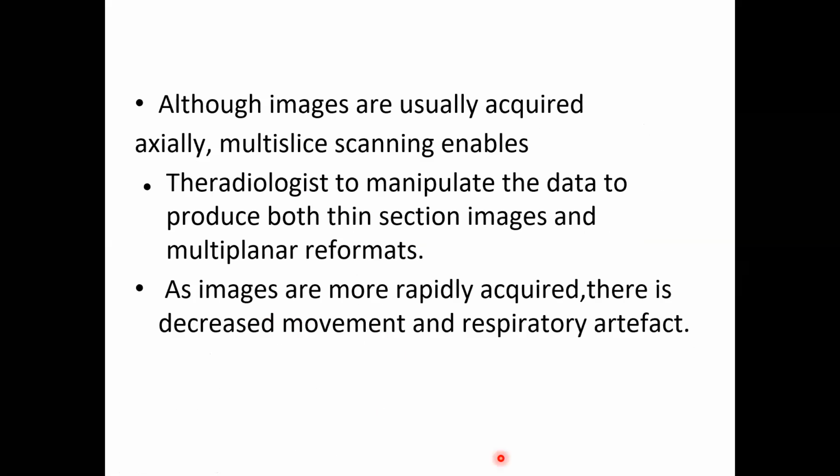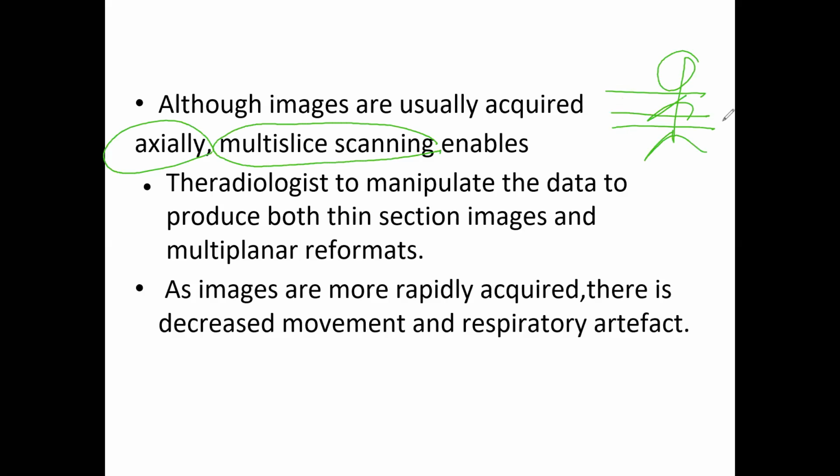So when you take multi-slice scanning, images are acquired axially. I already told you this is the patient, that means a lot of images are acquired axially. Multi-slice enables the radiologist to manipulate the data and produce both thin section images and multiplanar reformats.